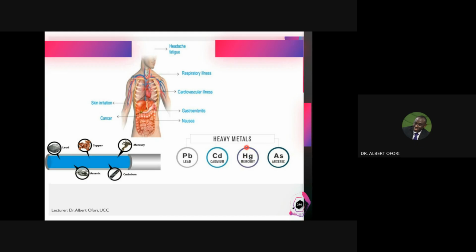Now, the problem is mercury and cadmium. Lead, once the water is far from where the lead is exposed to the water bodies, we will see that they can control lead. But it's quite unfortunate that these systems are still ongoing.